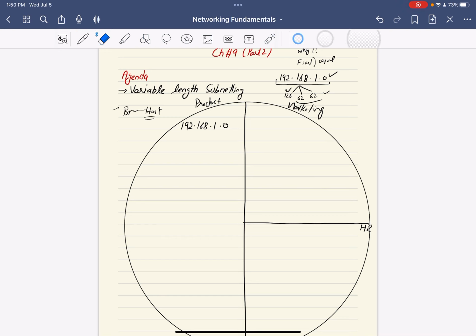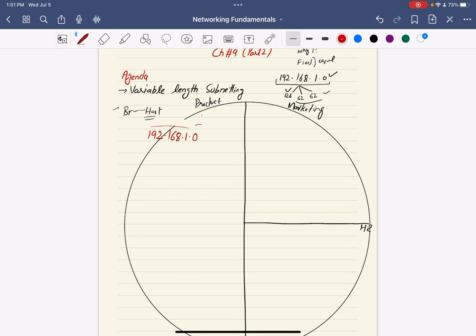So let me wipe this and let's make it big. We have 192.168.1, and now I'm going to make the last octet 0. I'm going to borrow again. This is in decimal, and we are writing this particular part only in binary form.